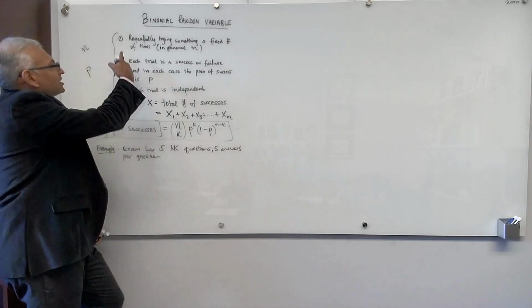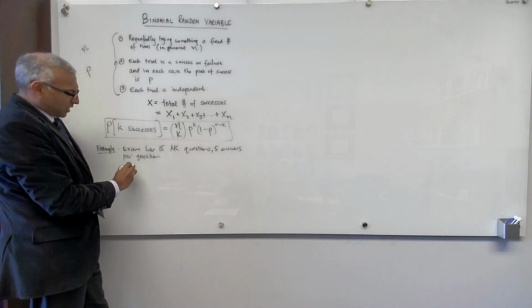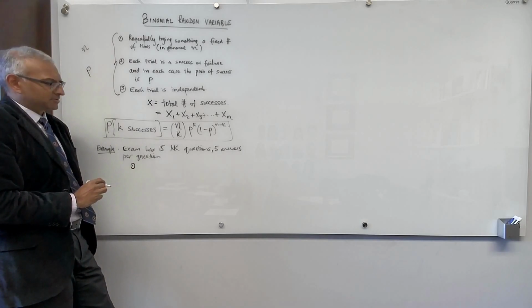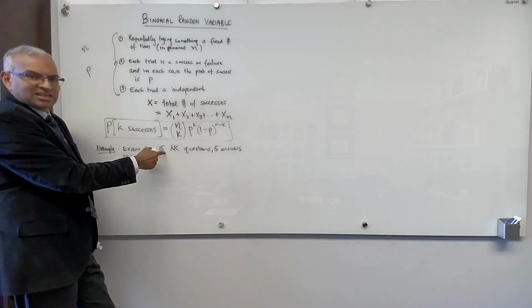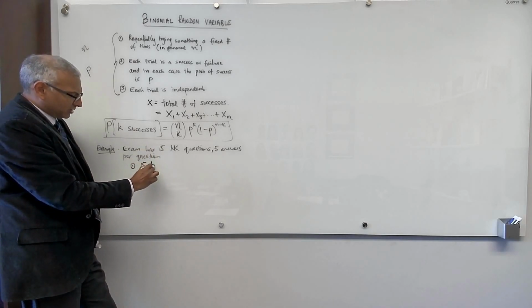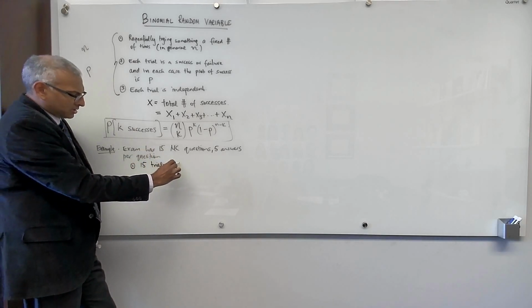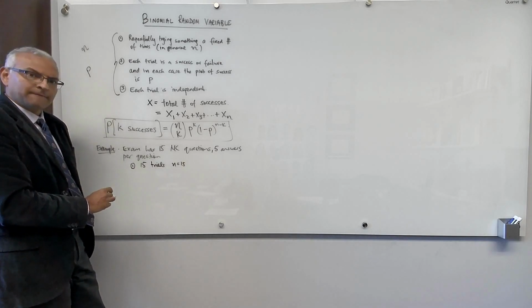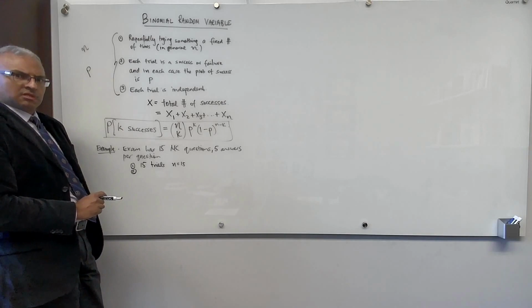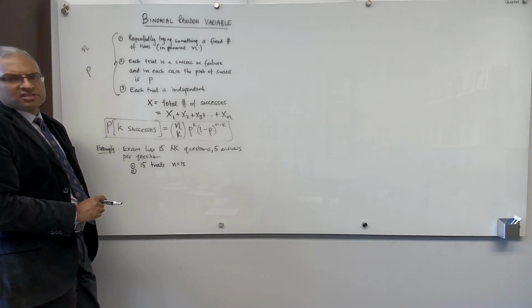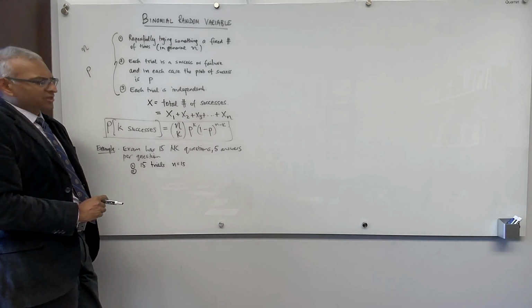So let's see, does it satisfy these 3 conditions? Condition 1, you're trying something a fixed number of times. So yes, and how many times are you trying? 15 times. 15 trials. So n equals 15. Condition 2, is the chance of success in each trial the same?